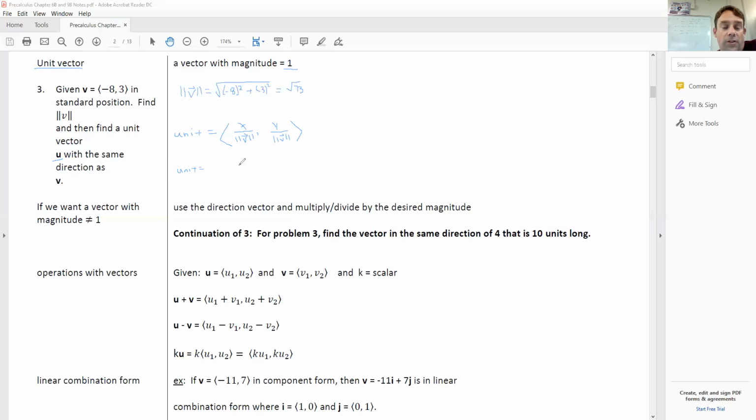So for me, the unit vector, which they said is u, that's going to be whatever the components of my original vector are, (-8, 3), and I'm going to divide it by its magnitude. So that would be a 1 unit vector.